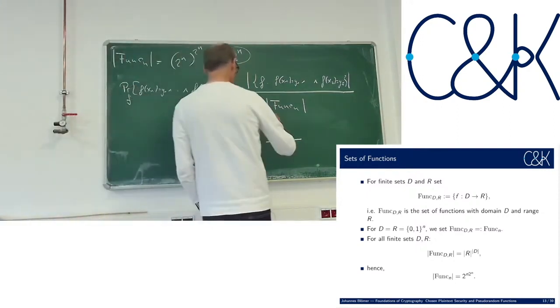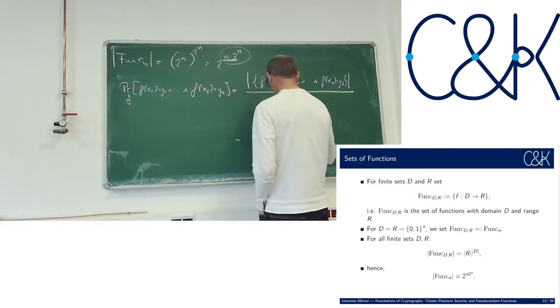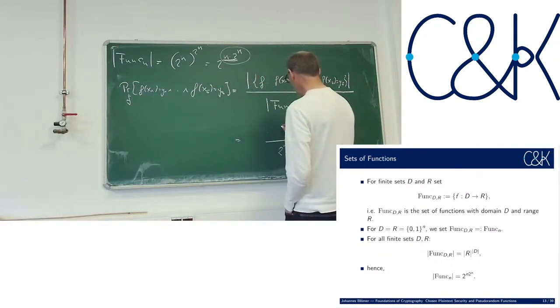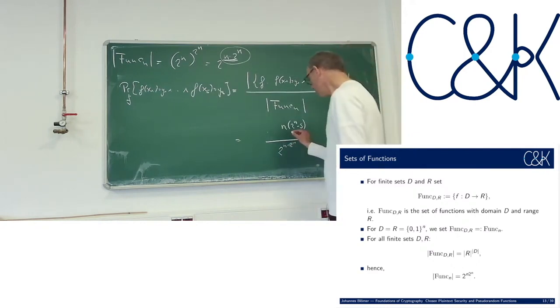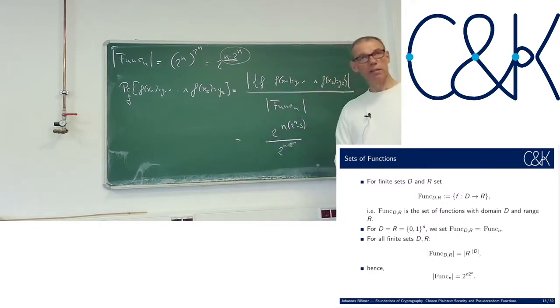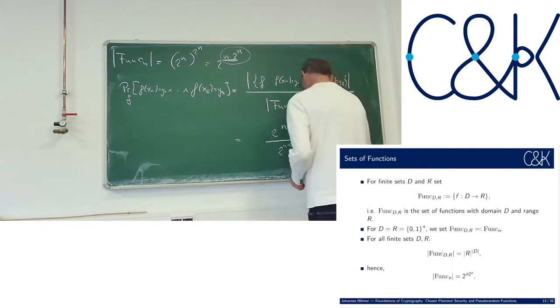So for the other elements, and there are 2 to the n minus S elements left, we have this here, right?